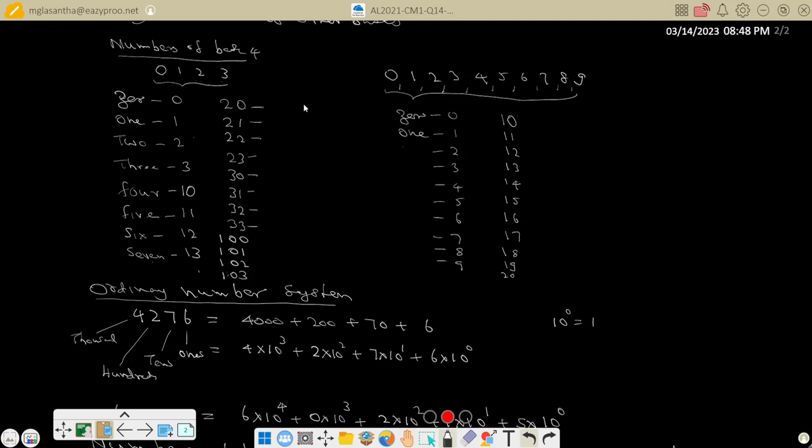Then for the below one, it will be till 11, 12, and then again 20, 21, and 22, sir, like that. 22, but it's not the 22, eh? It is actually this 7, this 8, this 9, 10, like that.